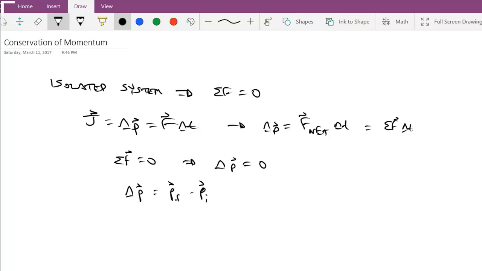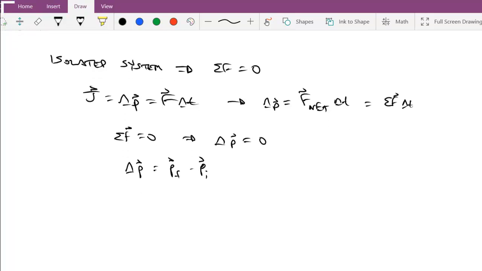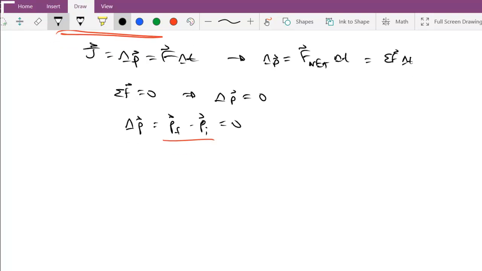So if our system is isolated, then there's no net force, and therefore the change in momentum, which is the final momentum minus the initial momentum, is equal to 0. So then we can say that in an isolated system, we have the initial momentum equal to the final momentum.